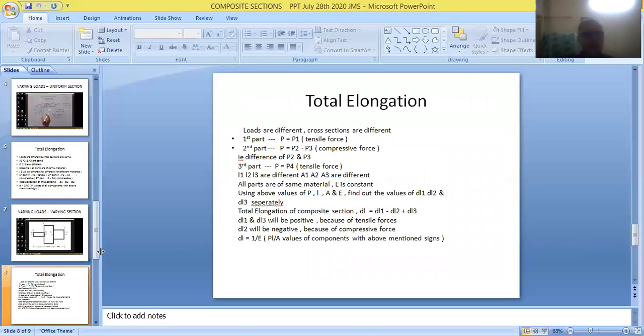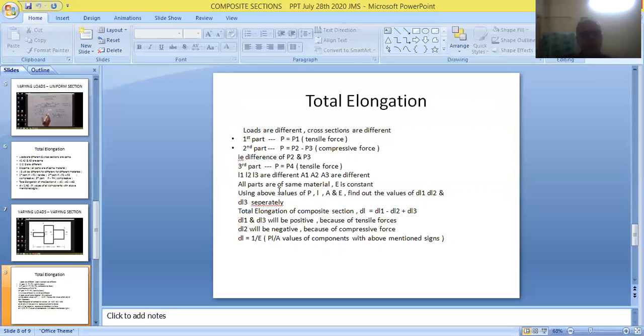So friends, as shown in the figure of the third topic, that is the previous slide, loads are different and cross sections are different. I have already told you for the first component, P has to be taken as P1, a tensile force. For the second component, P has to be taken as the difference of P2 and P3, that's a compressive force. For the third component, P has to be taken as P4, that is a tensile force.